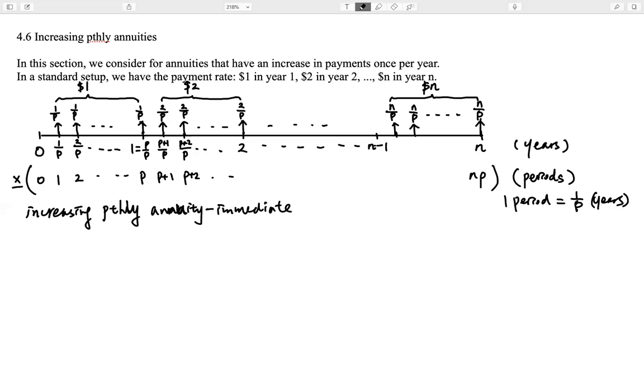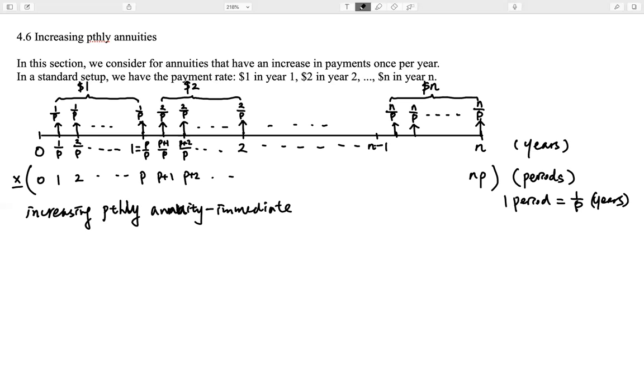It is annuity immediate because all the payments are made at the end of the corresponding period. So at the end, that's why it's annuity immediate. It's pthly because there are P payments each year. It is increasing because from year to year, the rate of payment goes up by 1. That explains all the names down here.